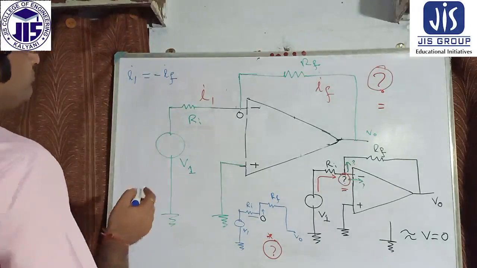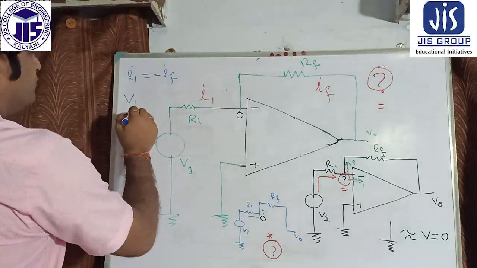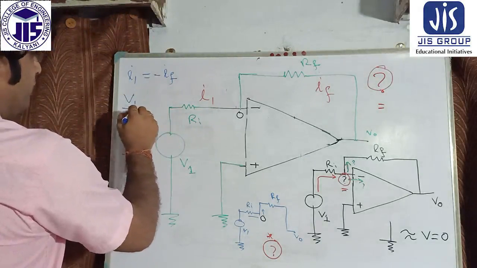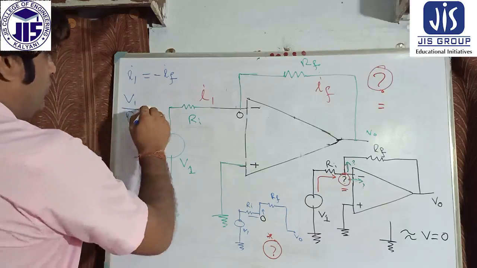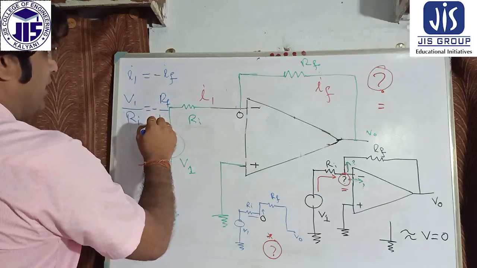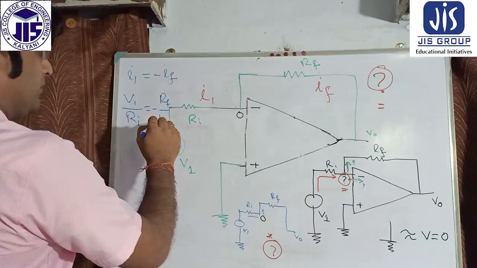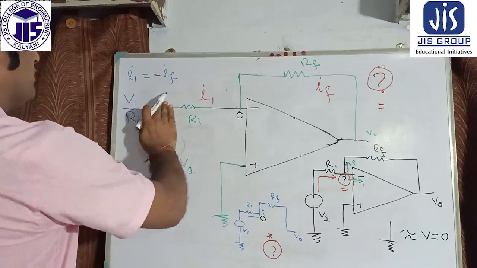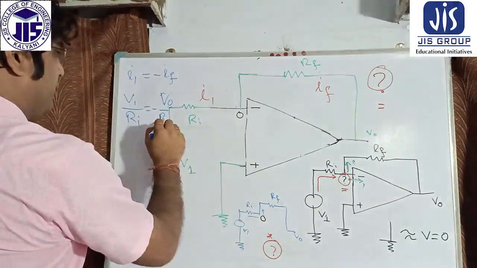We can say I1 equals VI by RI, which equals minus V0 by RF.